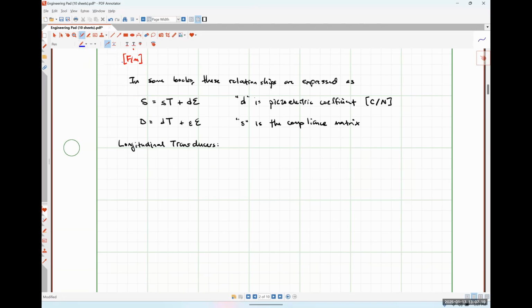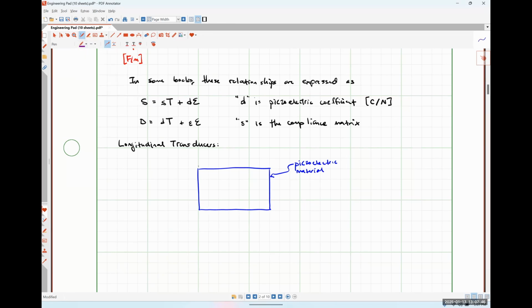I'm going to outline in blue here. So this is my piezoelectric material. Okay.